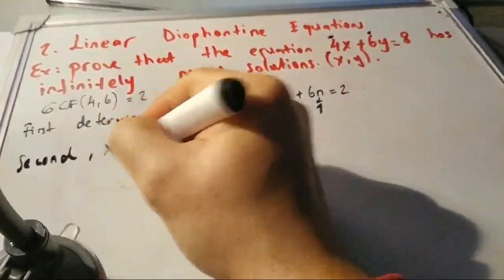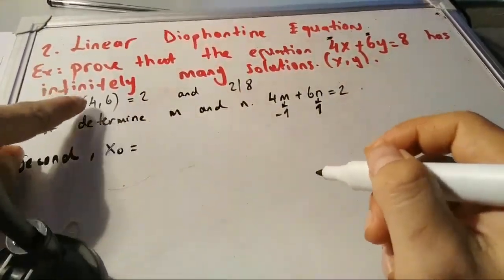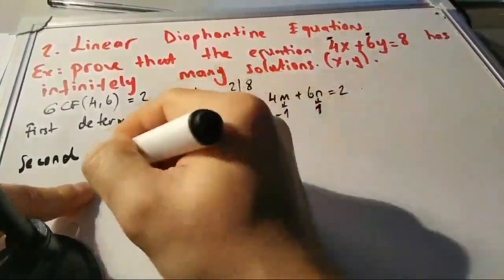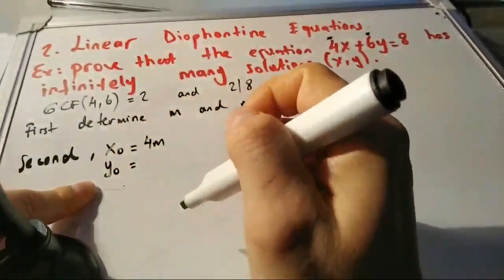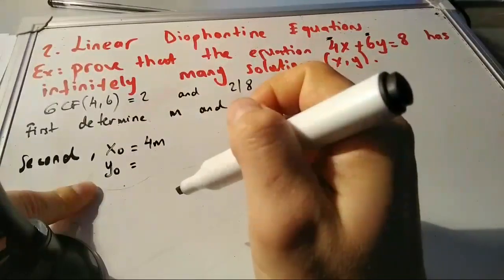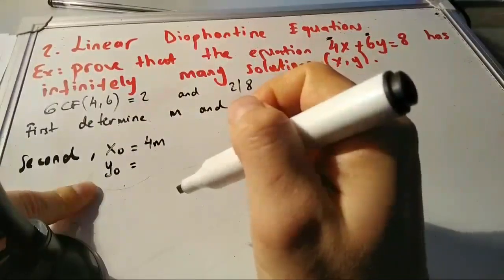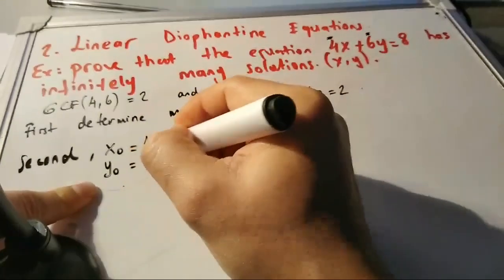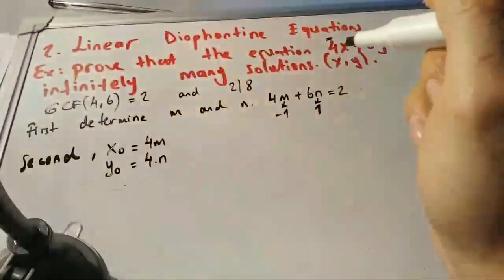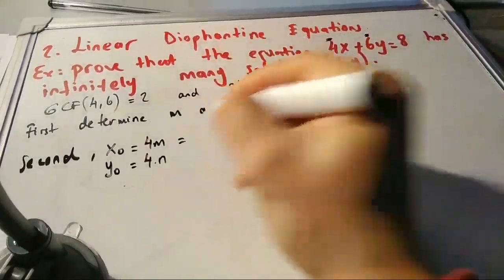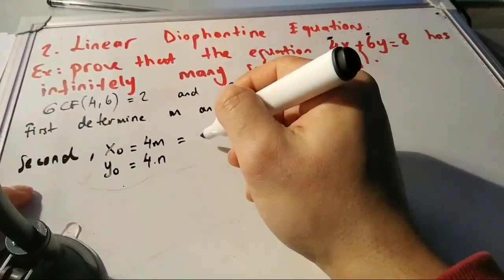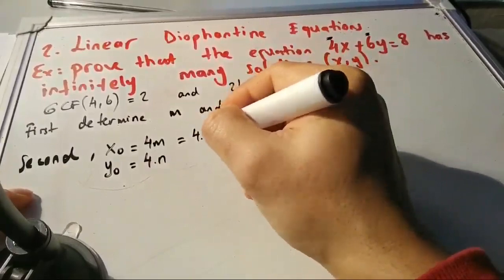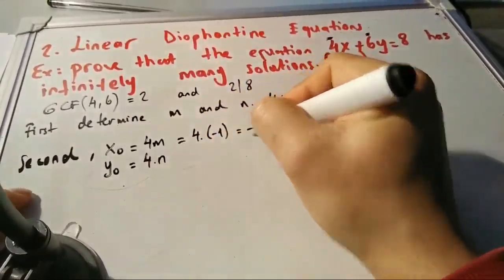To get x0, we multiply 4 by m, which is -1, so 4 times -1 means -4.